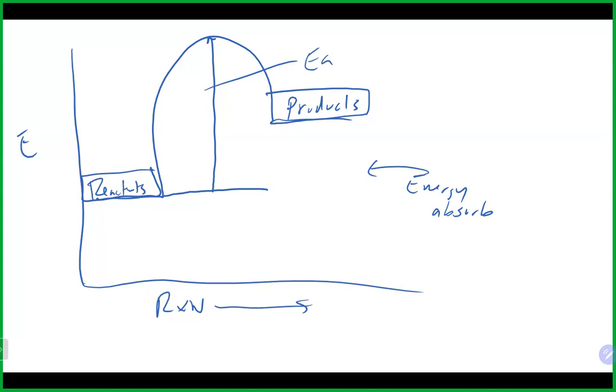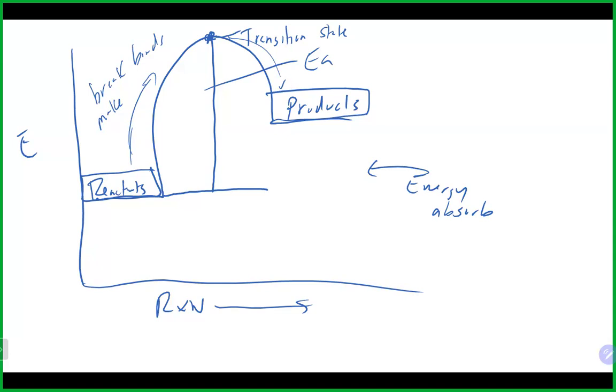So it has a bigger hill to climb for our reactants. Same thing's happening. We're starting to break bonds here. We're starting to make bonds. We'll get to our transition state up here. And again, it will come down to our products.